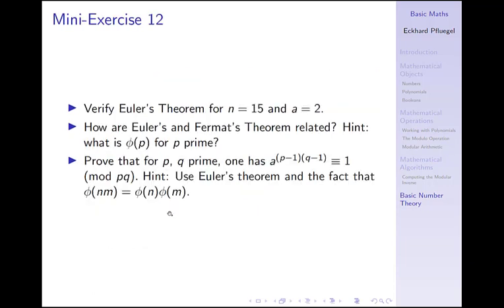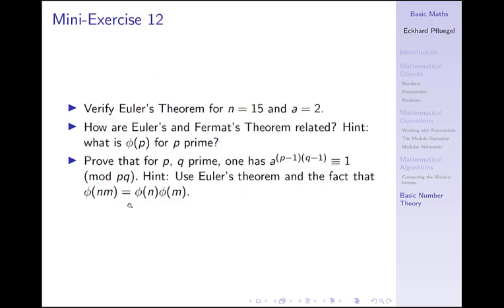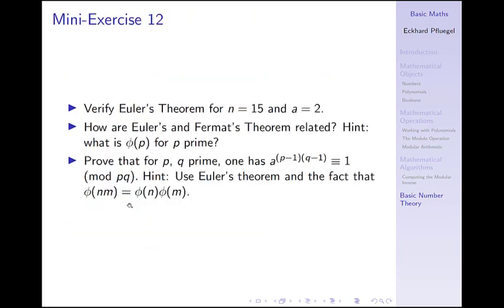Okay, so a last mini exercise to practice this. Use the number n equals 15 and a equals 2 to verify Euler's theorem. What you need to do is simply check this condition. Everything is given, a and n are given. You obviously need to compute phi of n, but you might be able to use one of the previous exercises for that.